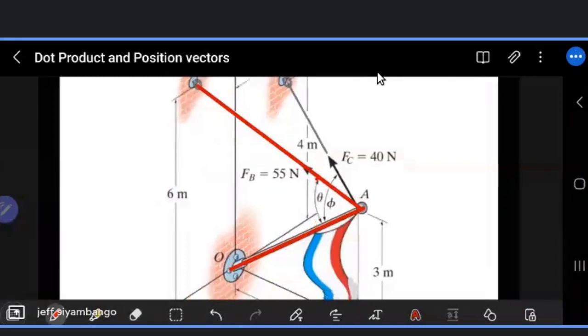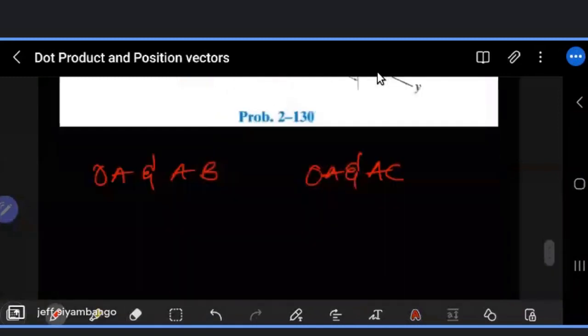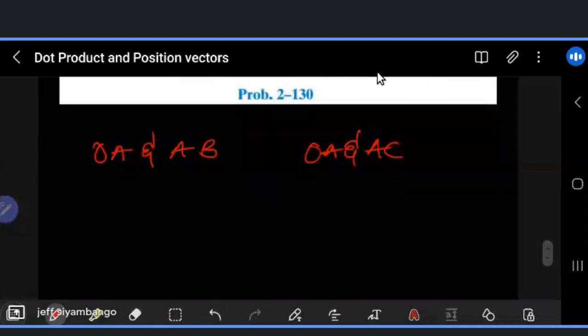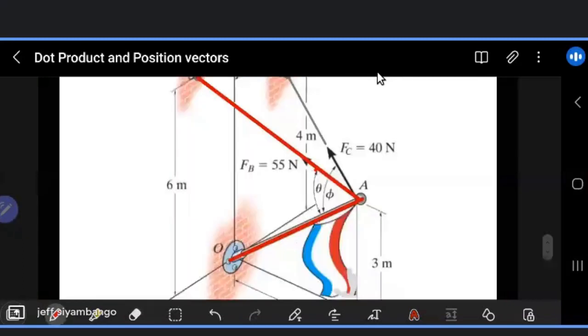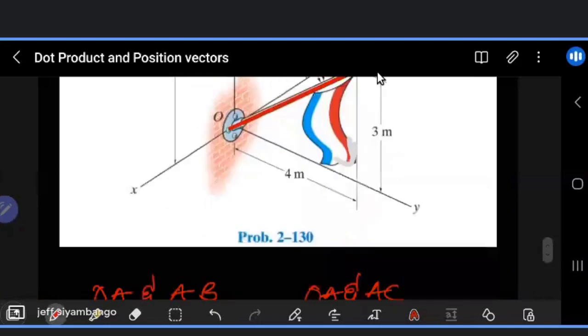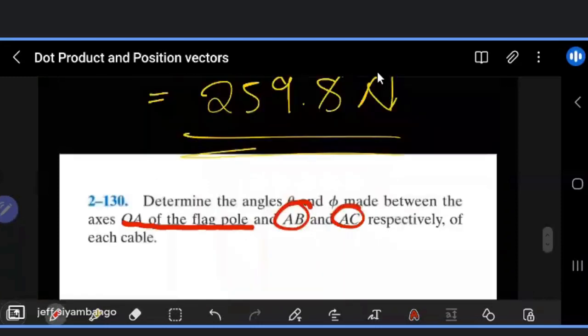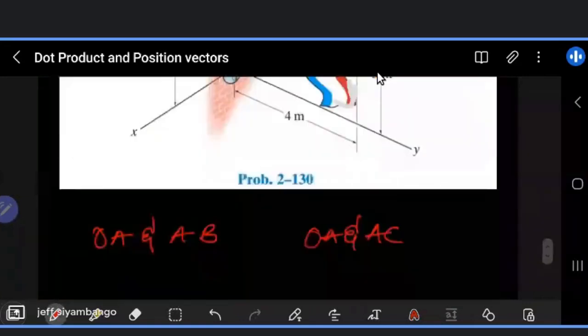But if we're going to use the dot product to get an angle between two vectors, what do we need? Then we need the vectors themselves. So I can say, here we can say force vectors or position vectors. But do they want a component? They don't want a component. They just want an angle between them. So they don't necessarily need the components themselves.